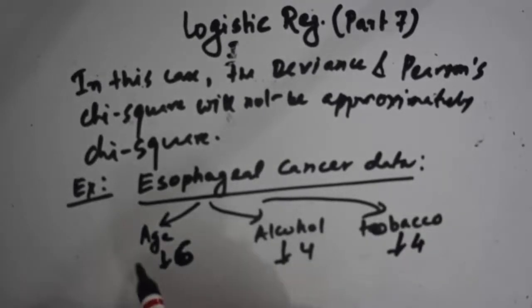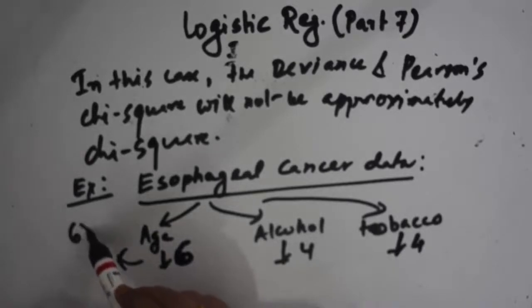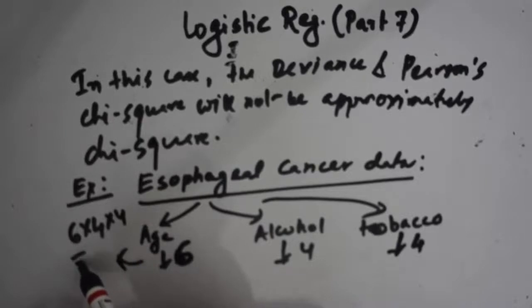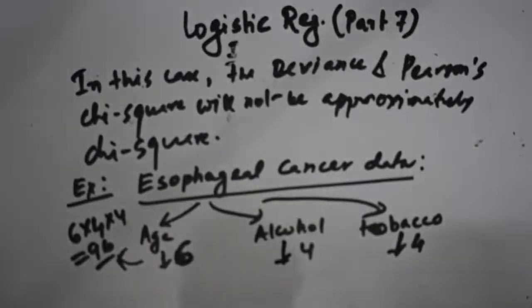Then we have a total number of groups of 6 into 4 into 4, that is 96 groups or strata. And we observe that 8 strata have no observations.